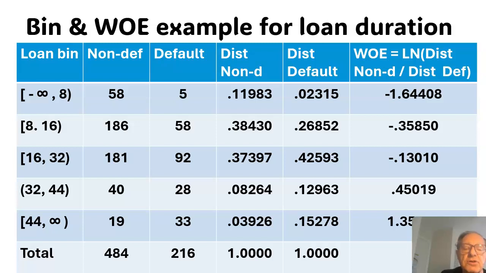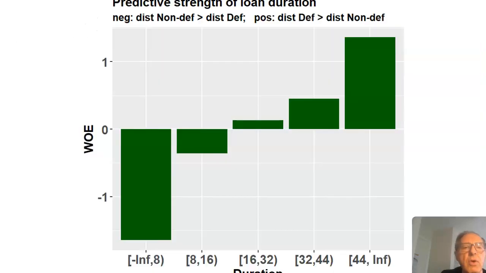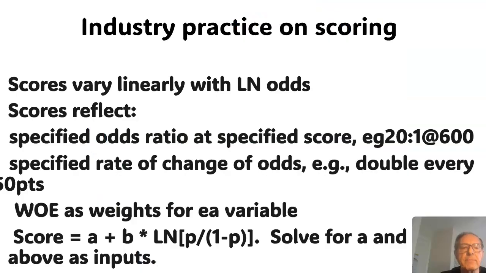I calculate the distribution of the non-defaulters and the distribution of the defaulters for each bin. And then I take the ratio of those 2 distributions, natural logged. When I graph that, it looks like this. Notice that they are monotonic, and this illustrates the predictive strength of loan duration in separating the non-defaulters from the defaulters.